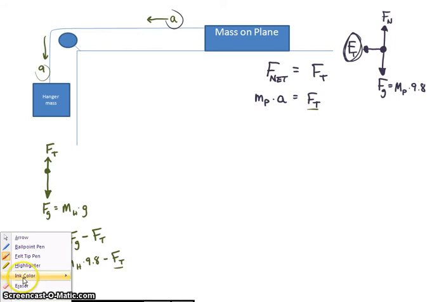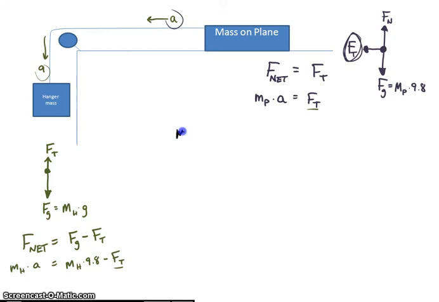Okay, I'm going to switch colors one more time here so I can do most of my calculations. I'm going to say that the mass of the hanger times the acceleration of the hanger is equal to the mass of the hanger times 9.8 minus F of t. Well, F of t is just the mass of the plane times that same acceleration.